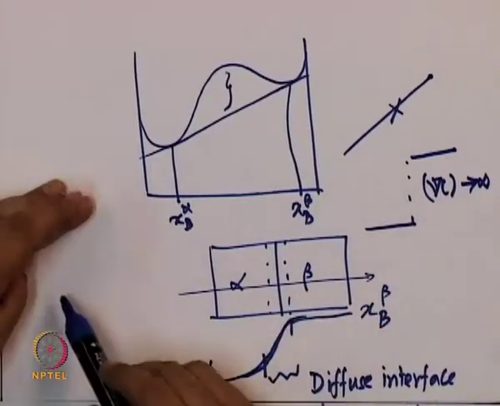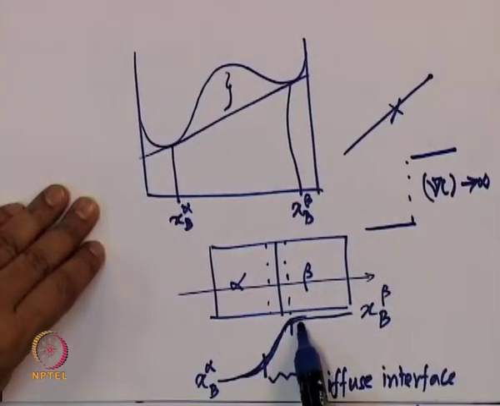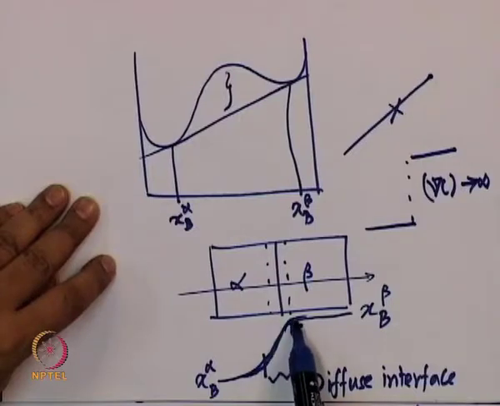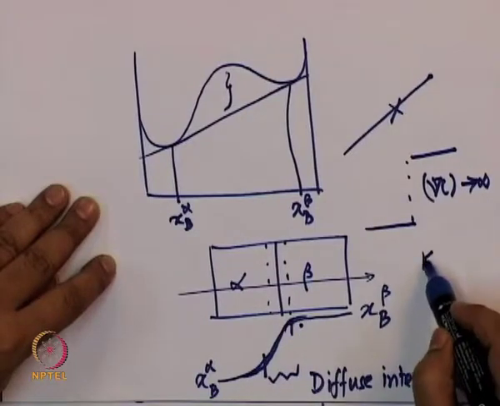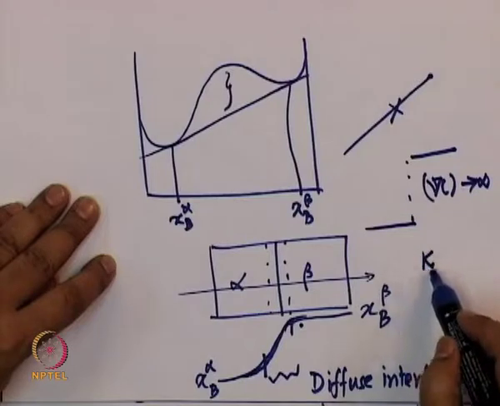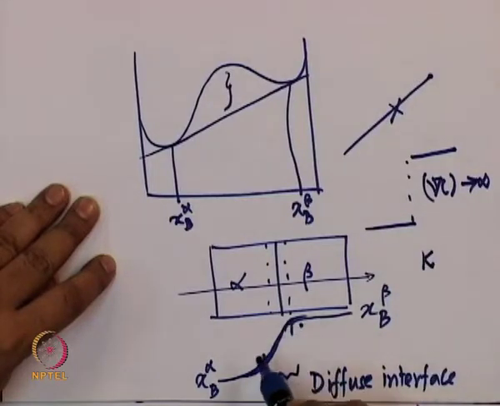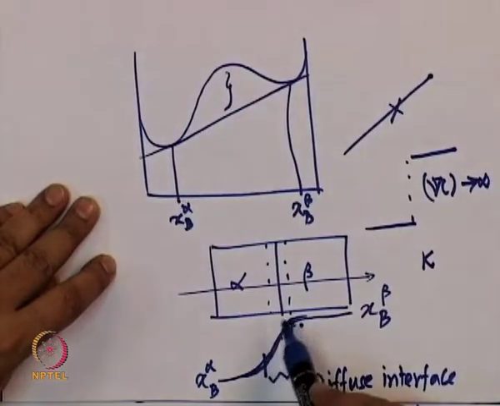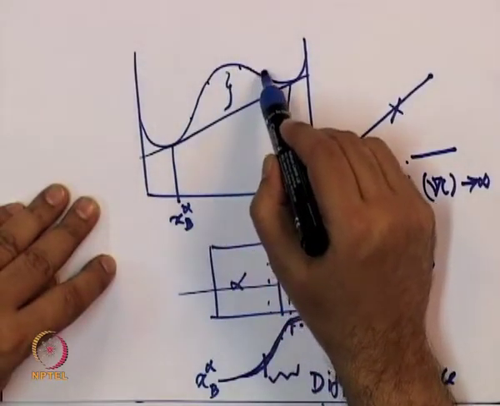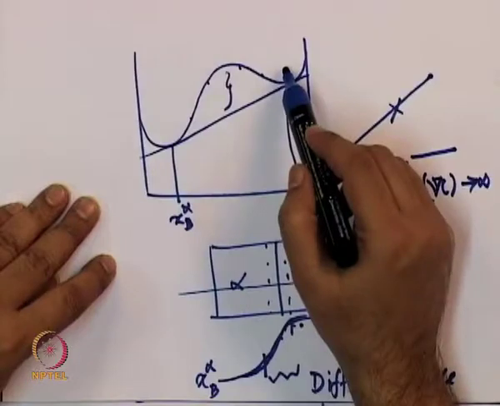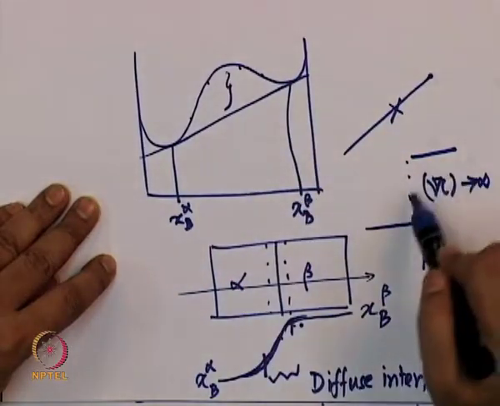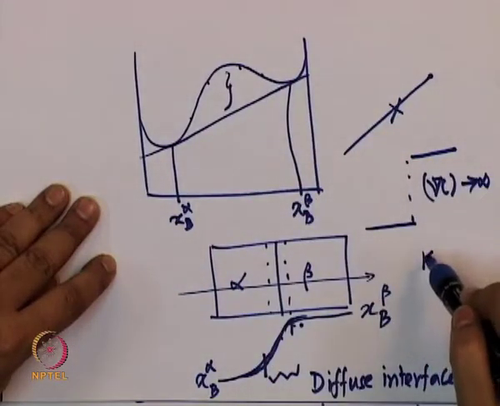So, the system is actually going to choose an interface width in such a way that, whatever is the kappa, the gradient energy coefficient, whatever cost it has to pay for this, there are going to be compositions all over these points, and they are going to increase the energy a little bit, and it is going to gain some energy from this interface part.